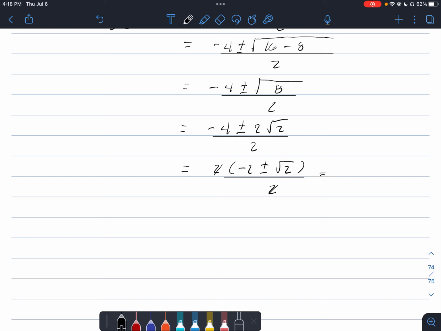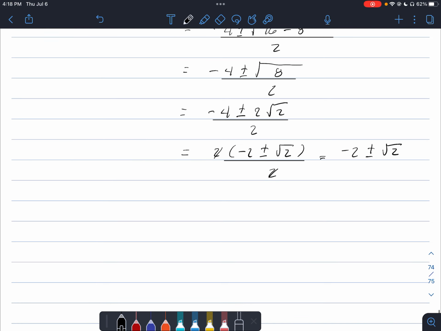These will cancel, giving us -2 plus or minus the square root of 2. So that means that our other factors are going to be x minus -2 plus the square root of 2 and x minus -2 minus the square root of 2.